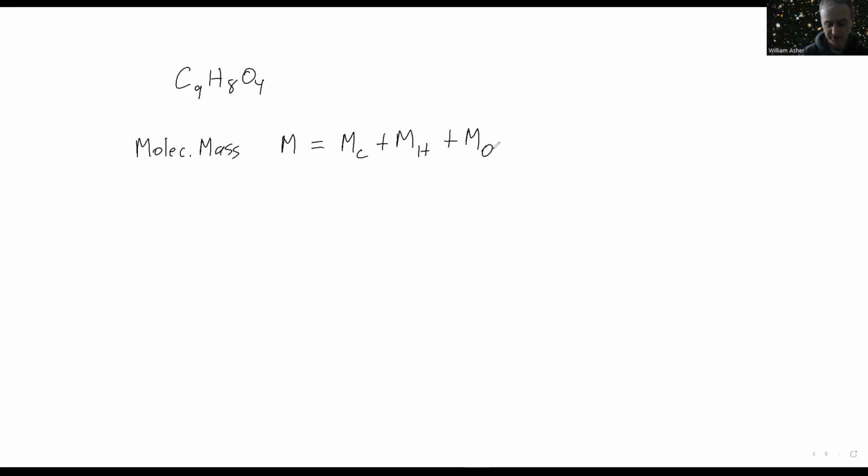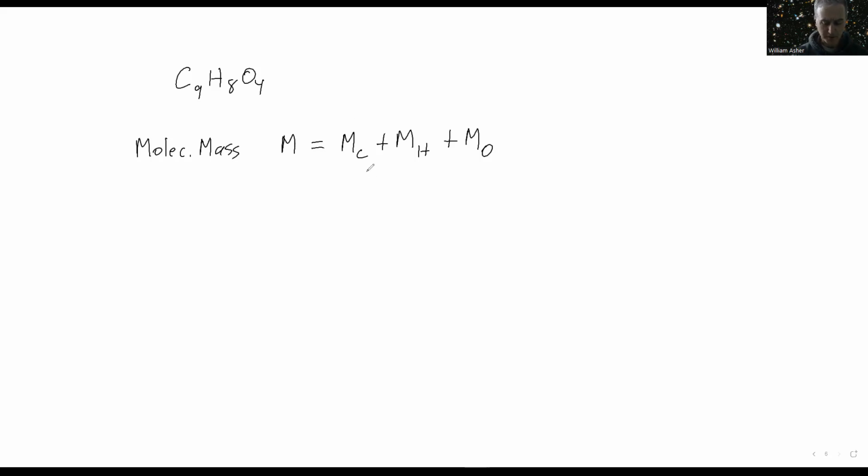The molecular mass, remember, is the mass of all of the atoms in the compound. So if we have C9H8O4, then the molecular mass, which we'll call M, is equal to the sum of all the carbon, so it's the mass of the carbon plus the mass of the hydrogen plus the mass of all the oxygen, right?